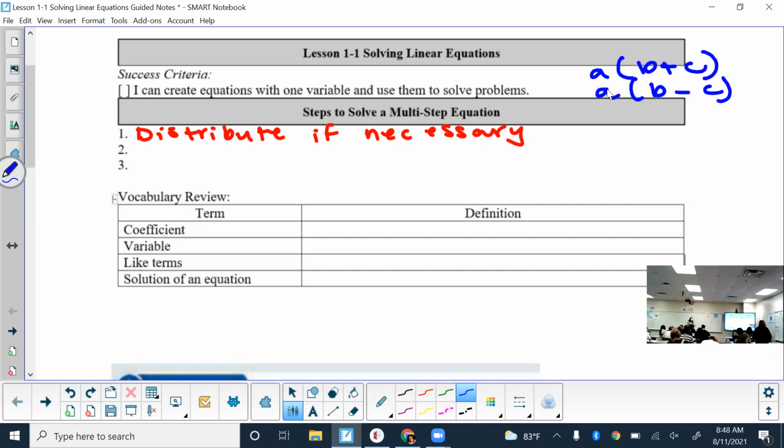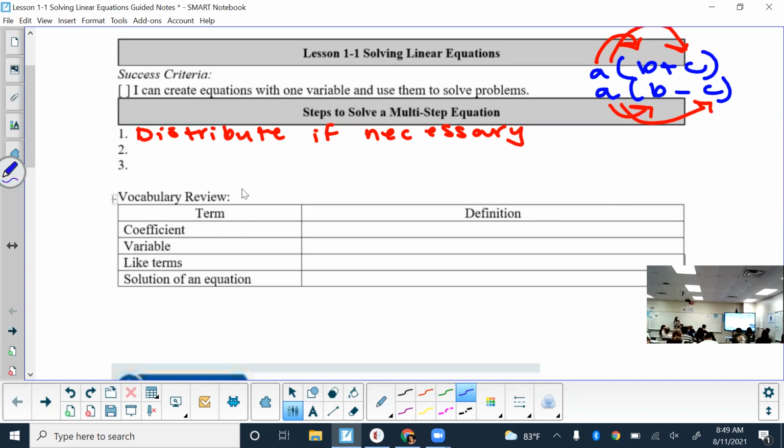If you see numbers in this type of format, that means you need to take the outside number and multiply it by both of the inside numbers. And you can only do that if there's parentheses, and if in between the outside number and the parentheses there's a plus or a minus sign. So multiplying it by both the numbers inside is the first step. Distribute if necessary.